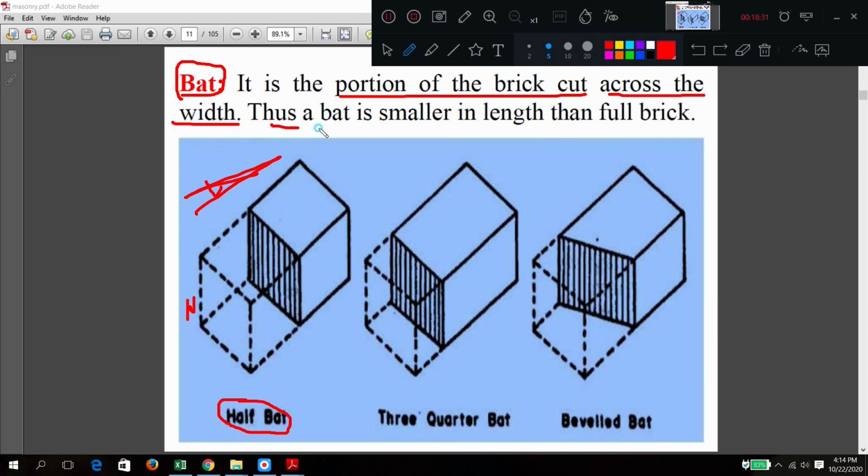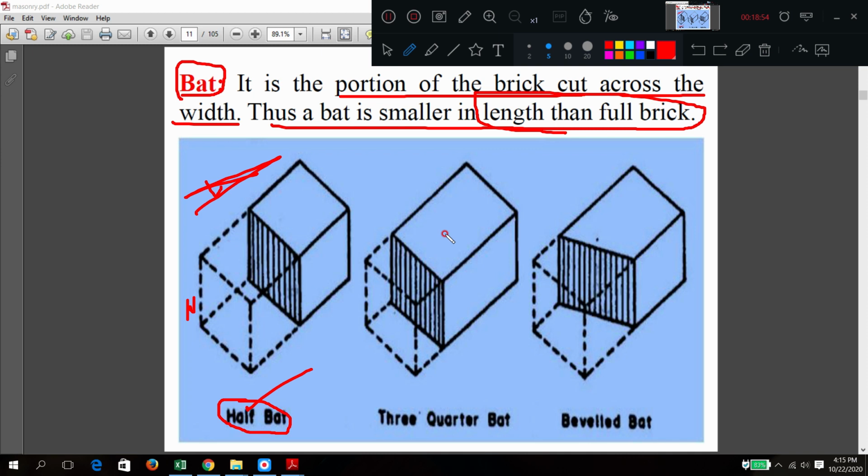So it is smaller in length than the full length. So it is called as half bat. You are cutting across the length, and half bat means length is made half. It's called as cutting across the width. So like that you can understand.